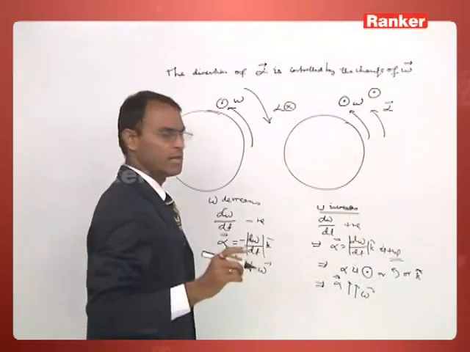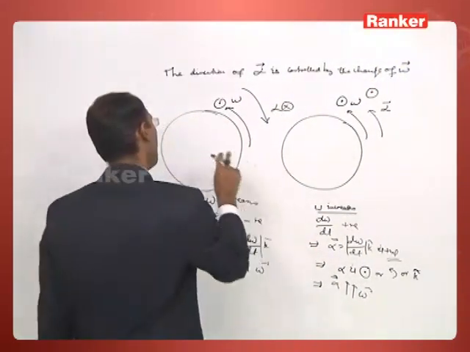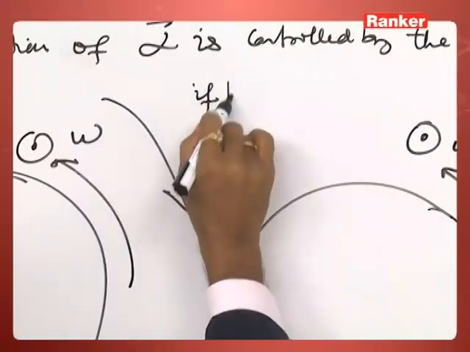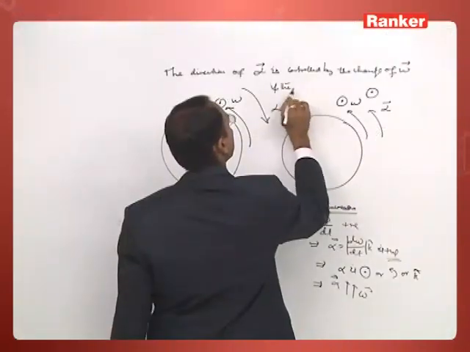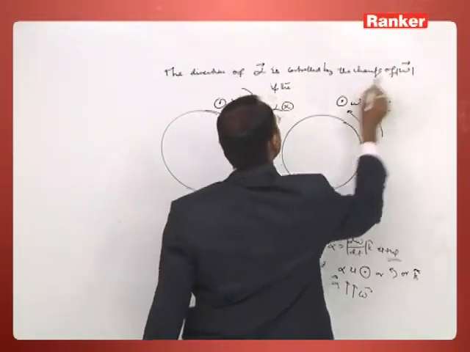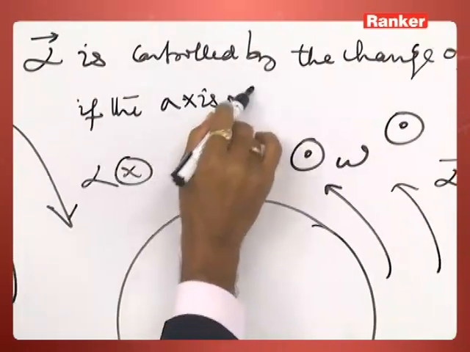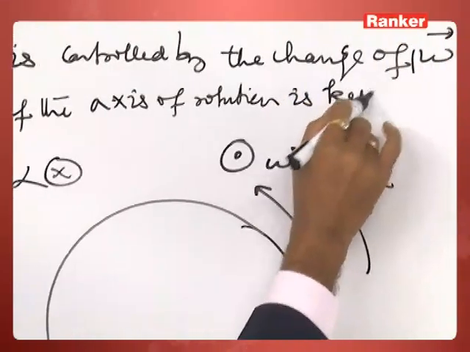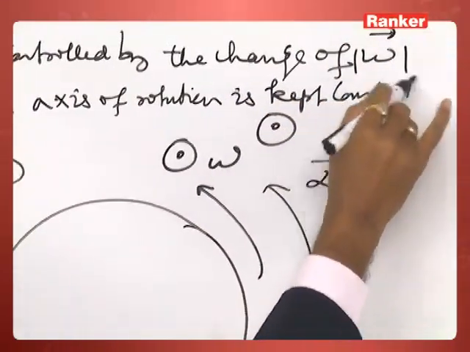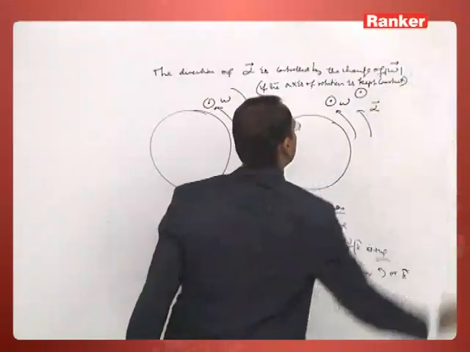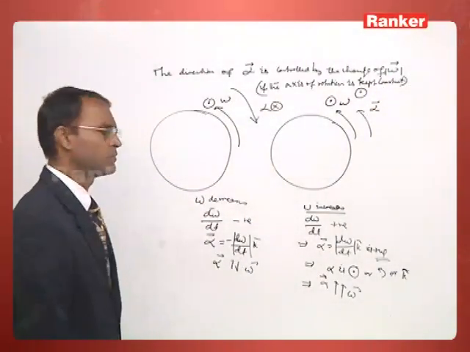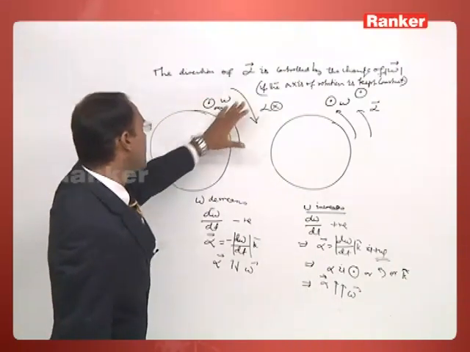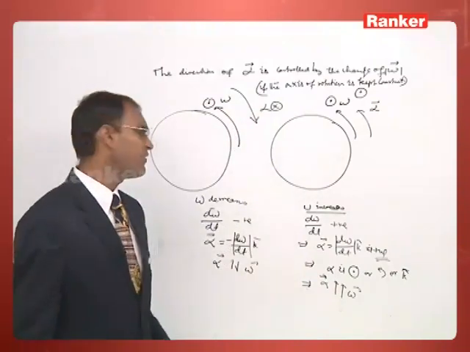But here the direction part remains constant. The axis of rotation is kept constant. This is very important to understand the relation between omega and alpha.